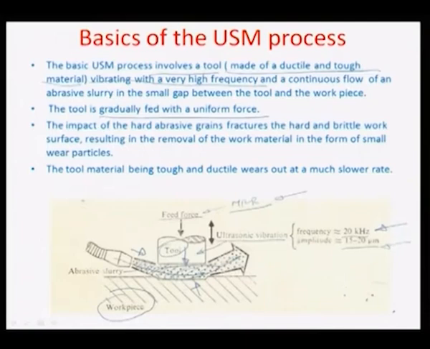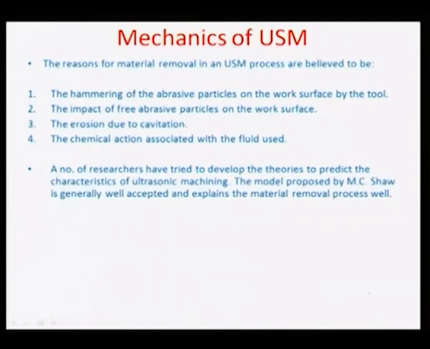The principal reasons for material removal are illustrated here in four categories. The first is the direct hammering of the abrasive particles on the work surface by the tool. The second category is the impact of free abrasive particles on the work surface.